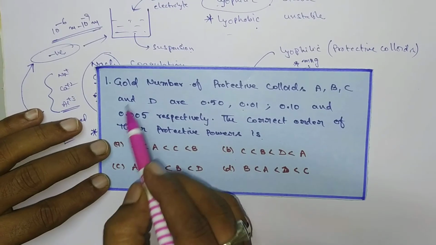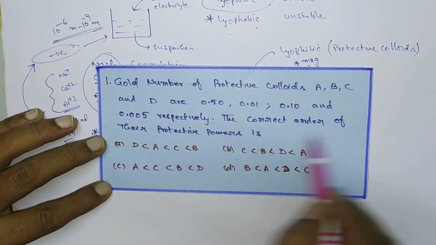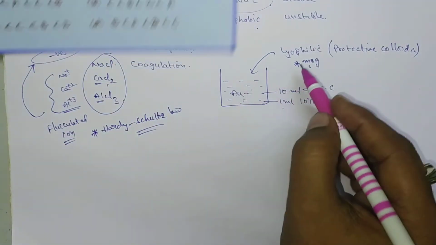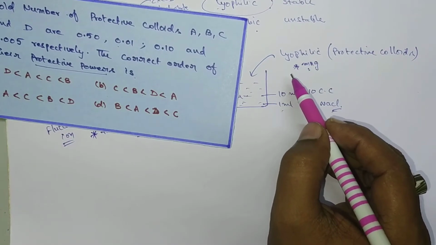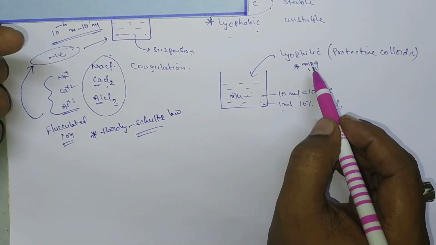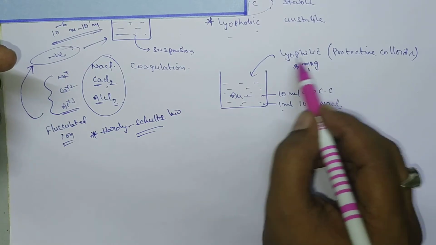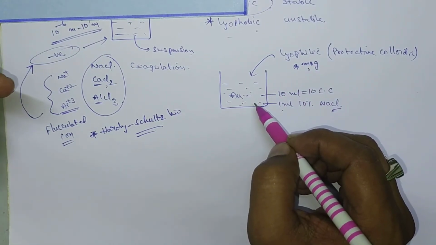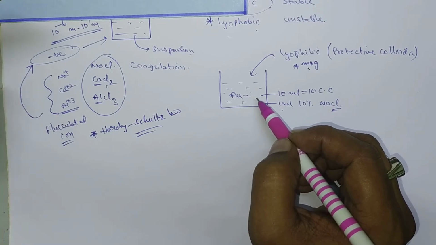The question asks for the correct order of their protective powers. We have already discussed gold number, the weight in milligrams. If a less amount of lyophilic colloid is added and it can easily prevent the coagulation, then it has high protecting power.